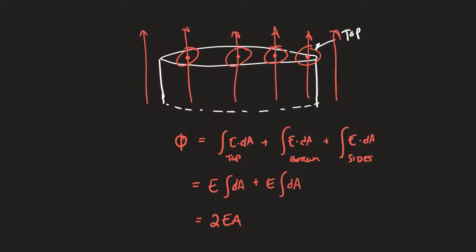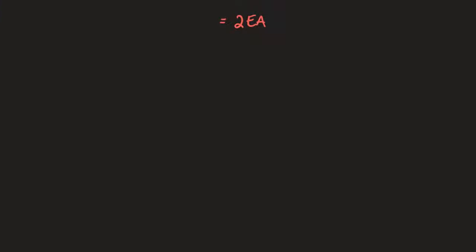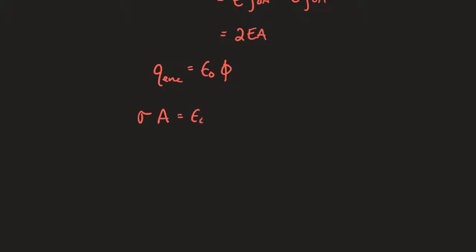Now look, I am one division problem away from the end, because this has to equal the enclosed charge. So when I put Gauss's law together here, Q enclosed equals epsilon naught times the flux. That'll be sigma times A equals epsilon naught times 2EA.